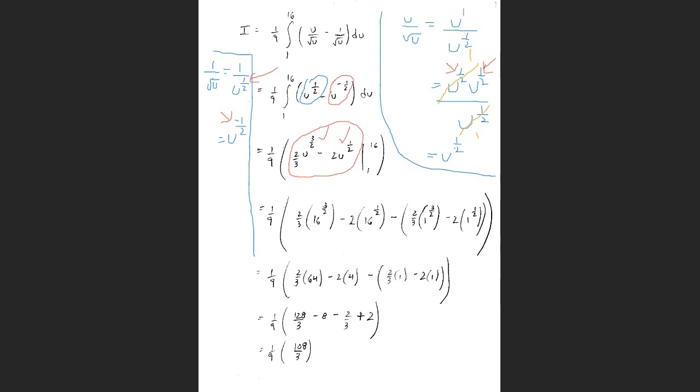I put 16 in first, and then I'm going to put 1 in next. And of course, I have to subtract the functions. This here is the antiderivative evaluated at 16, and this is the antiderivative evaluated at 1.